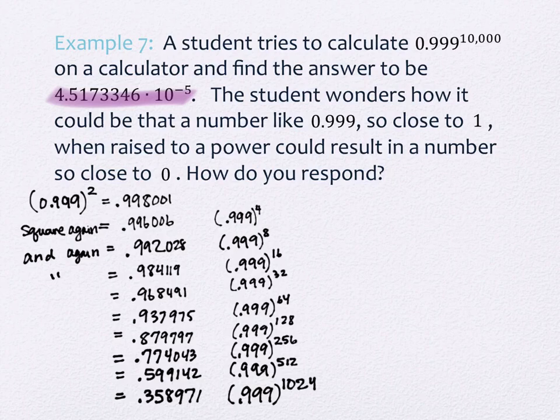Okay, so here's the deal. Every time we multiply by a positive value smaller than 1, like between 0 and 1, the result is smaller. It gets smaller every time. But take a look at how many times we're supposed to be doing that according to this particular direction. 10,000 times I'm multiplying by something and making it smaller.